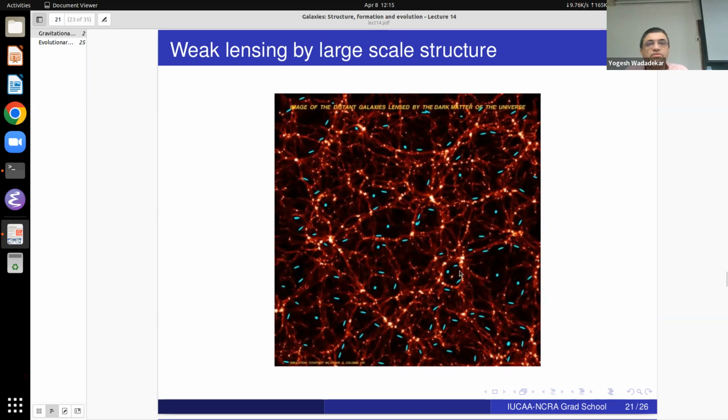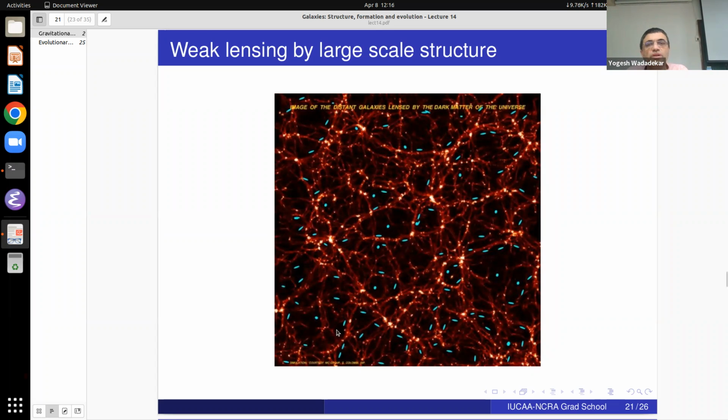In this picture, imagine that these blue galaxies are all distant galaxies at some large distance, and what is shown in red or orange is the cosmic web. As that galaxy light comes along the cosmic web, it is going to get distorted, and so the image that you will see for every galaxy will be slightly distorted.